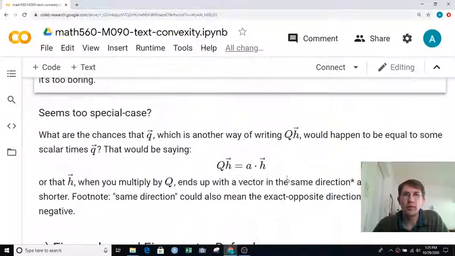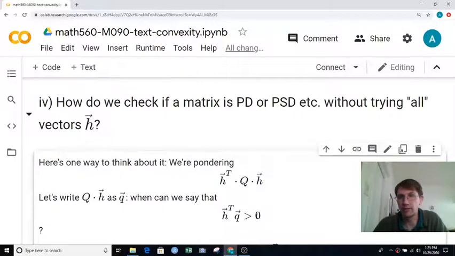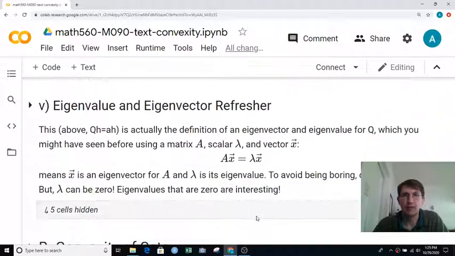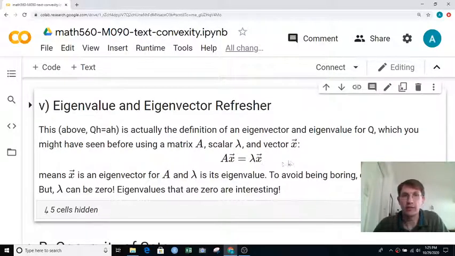So this whole question of when this product is positive seems to be related to eigenvalues and eigenvectors. We don't allow x to be 0, but the eigenvalue can be 0, the lambda can be 0, and that causes some interesting things to go on. Let's talk more about eigenvalues and eigenvectors in the next video.